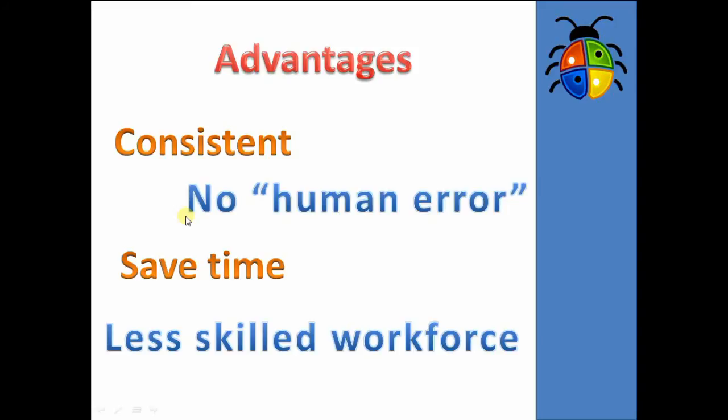Next one, kind of similar, but no human error. So let's say, for example, we have a doctor, and he's had a really bad day. His wife has been shouting at him, his kids were screaming all the way to school, and you're his first patient of the morning after he's had very little sleep.